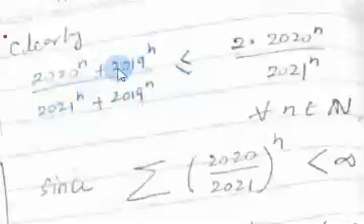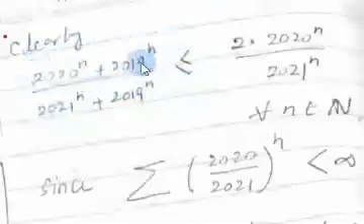So if you substitute, if you write 2020 instead of 2019, then definitely that term would be bigger than this number.